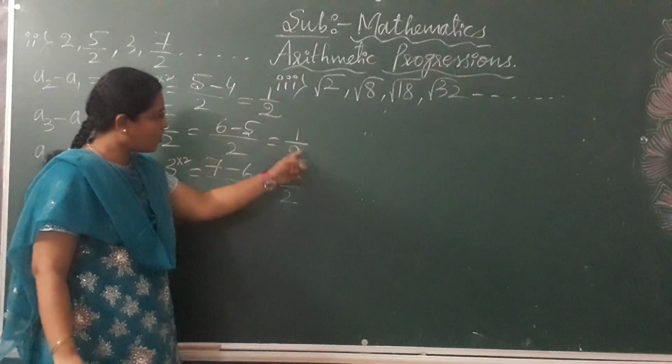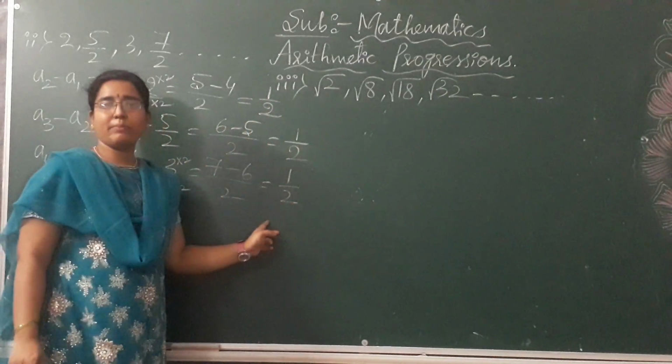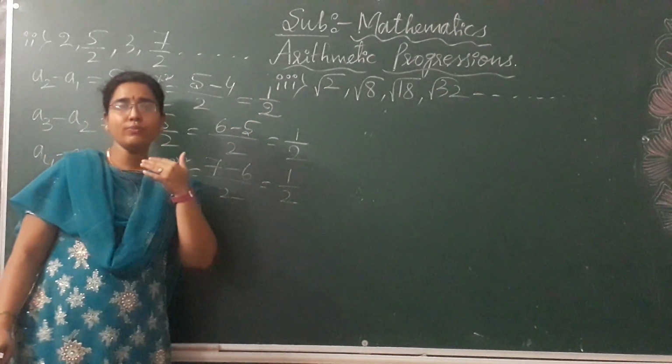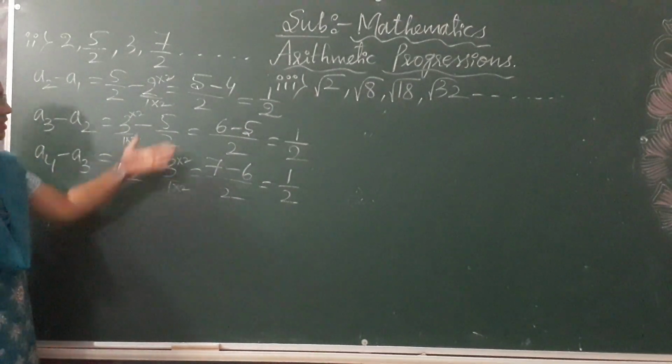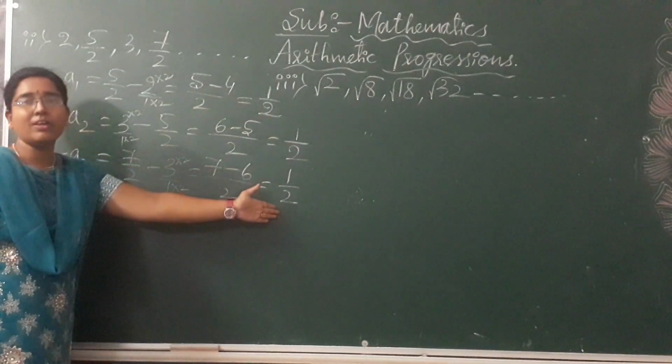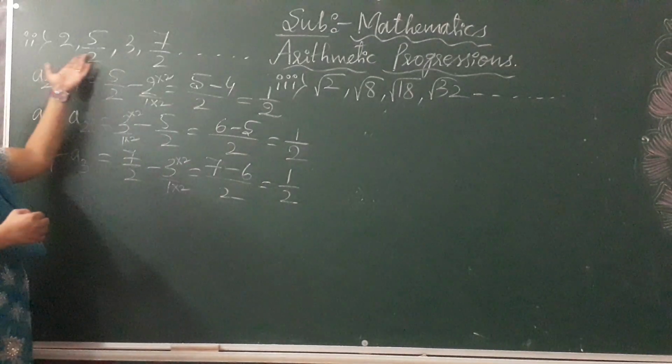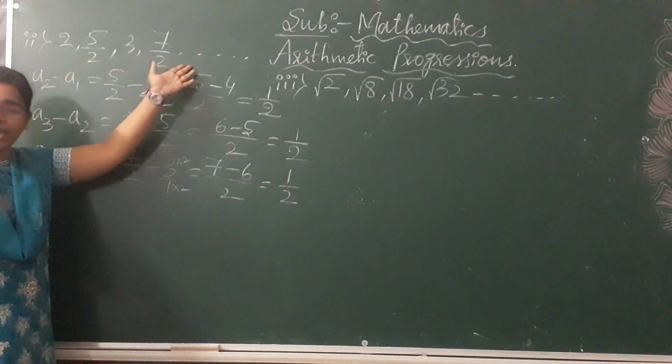Observe, children, the common difference is the same here. That's why we have to find the next 3 terms. If the common difference is the same, we can understand that the given list of numbers is in AP.